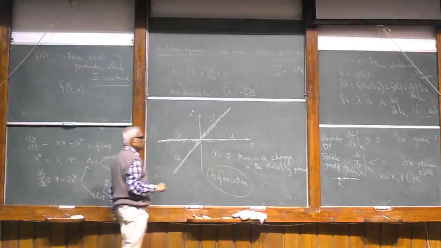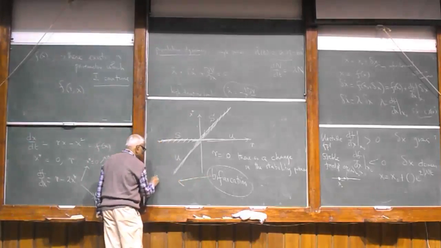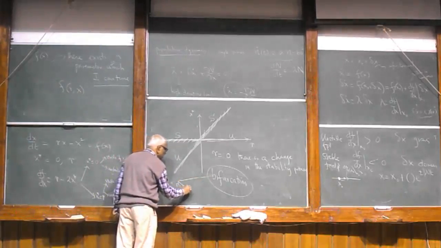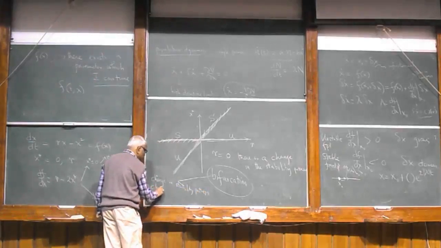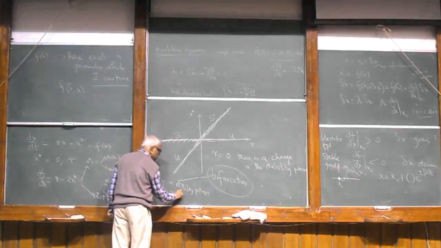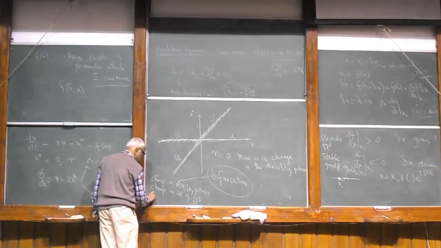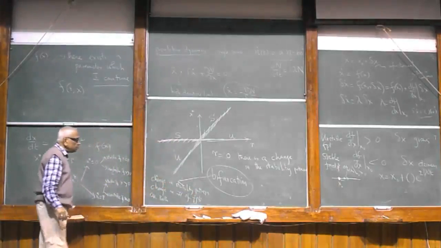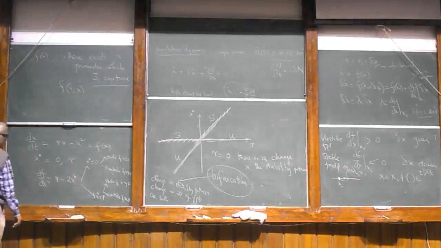In general, a bifurcation can be a change in stability pattern, a change in the number of fixed points, or both. So I either change the stability pattern keeping the number of fixed points the same, or I change the number of fixed points.